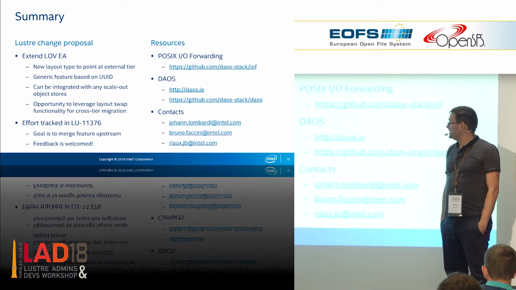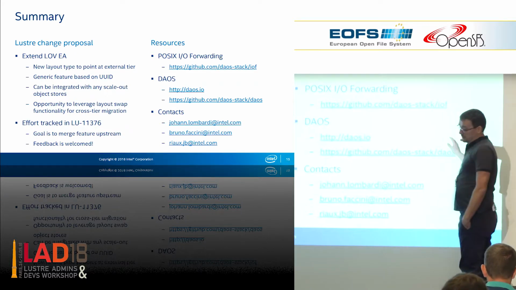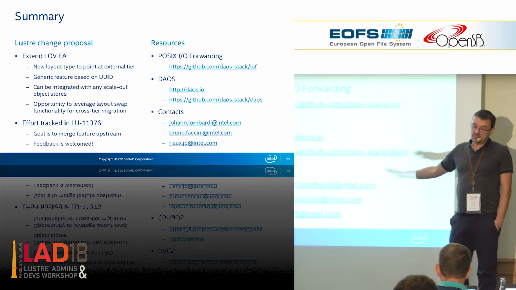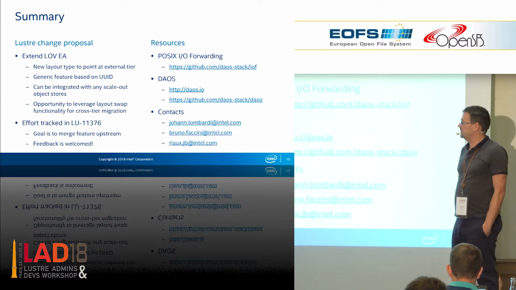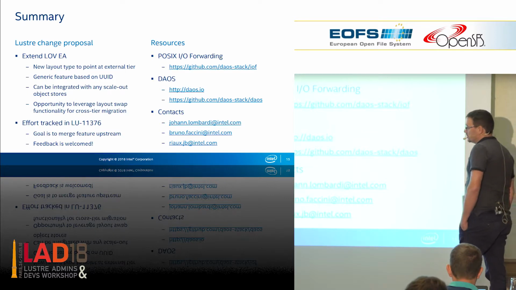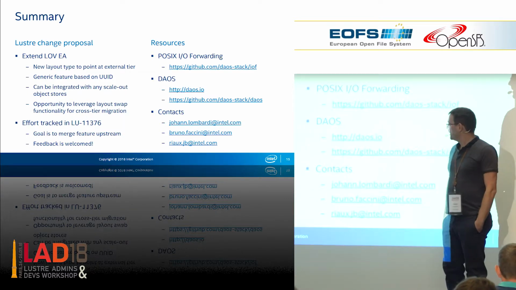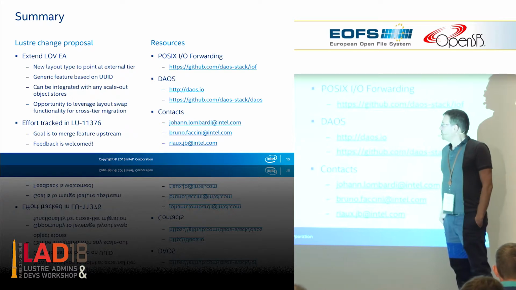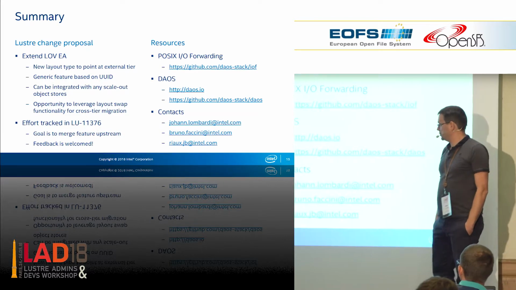Generic based on UID, it can be integrated with any scale-out object store. I use DAOS as an example, but you can do exactly the same thing with Ceph or any other object store where you use some unique ID to identify a tier, a namespace, a container, or a collection of objects in general. And we are going to explore the opportunity to leverage a layout swap for efficient migration.